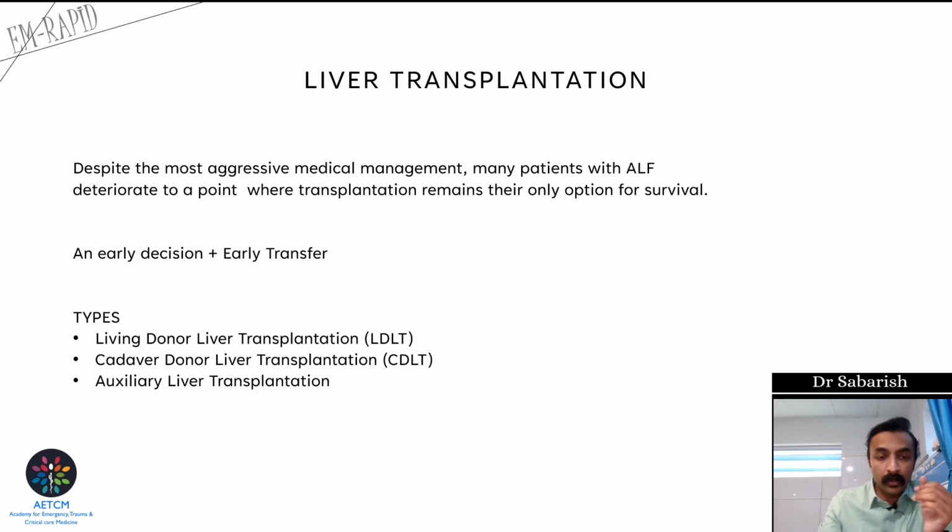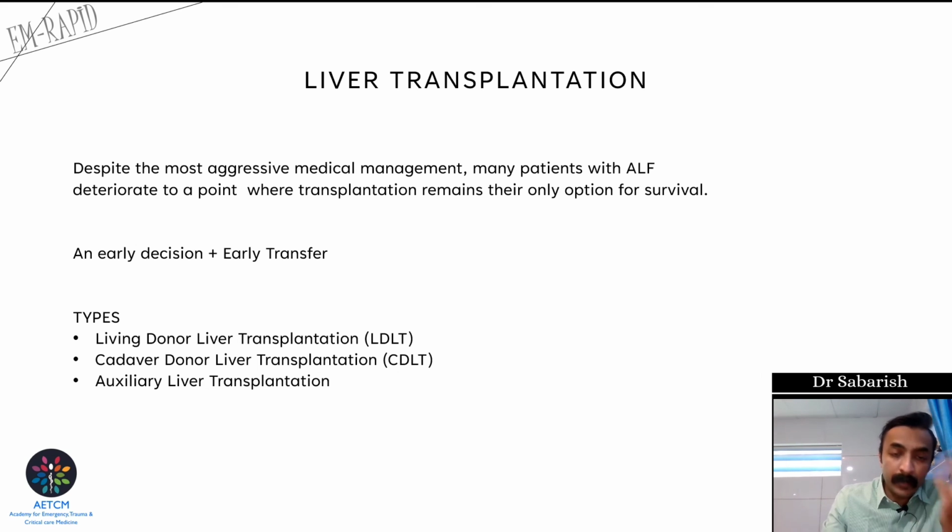Yes, the cornerstone remains, if all medical measures fail, definitely a referral to a transplant center and early liver transplantation might be indicated. The key thing, as we discussed earlier, is an early decision and referral. It's beyond the scope of this topic to discuss liver transplantation in detail, but for the basic understanding, it could be either a living donor liver transplantation where the recipient liver is removed and a portion of a liver from a live donor is transplanted.